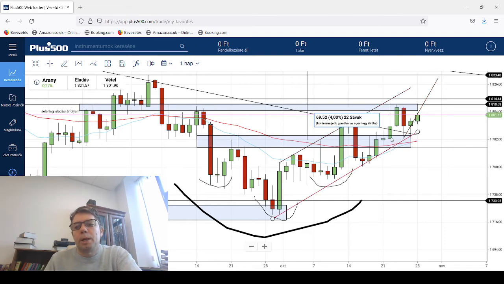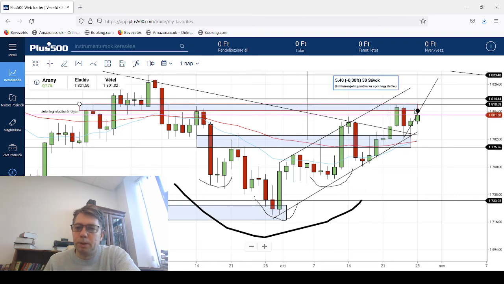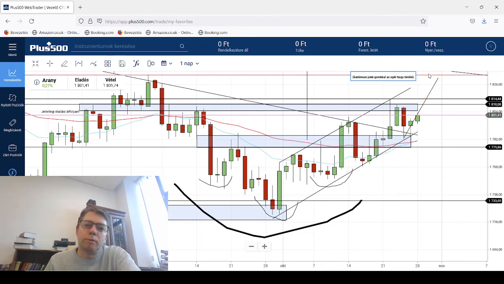So what I expect gold to do in the short term, in the very near future, is that we are on our way up to 1830, 1833-ish levels, and once we reach that, we will probably be rejected, and we will pull back.